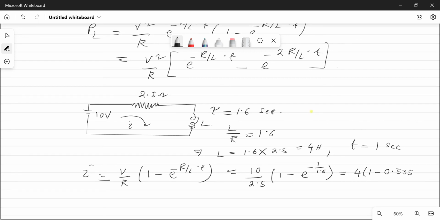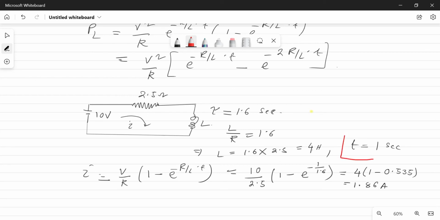You can use a calculator. So the value is 1.86 ampere. This is the value of current after T equal to 1 second.